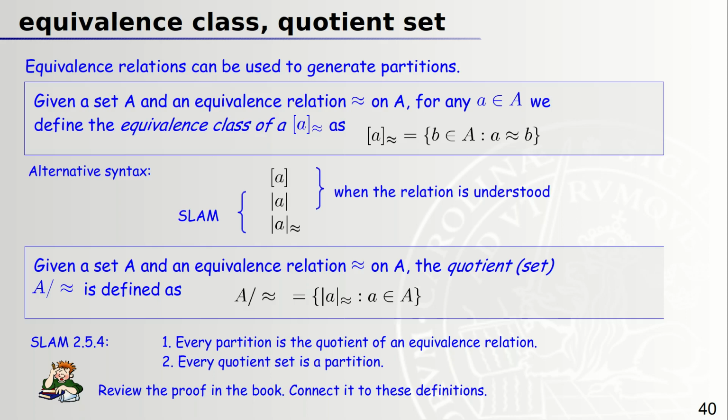What this really means is that equivalence relations and partitions are basically just two ways of representing the same thing. If you would like to study this in more detail, please take a look at section 254 in the textbook.